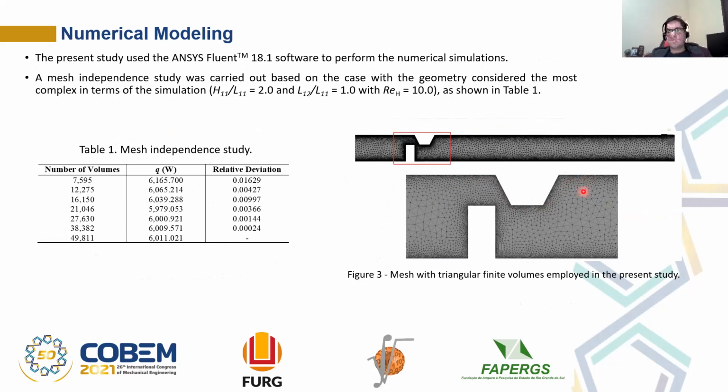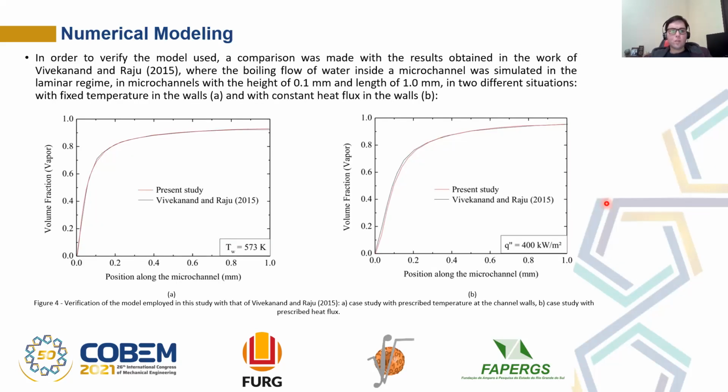To validate the model, we compared our results with Vivekanand and Raju from 2015 in a very similar microchannel, only without the two blocks, and we can see that we had very good results compared to them.